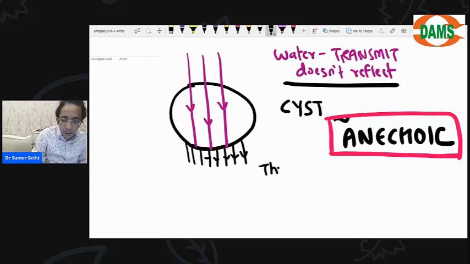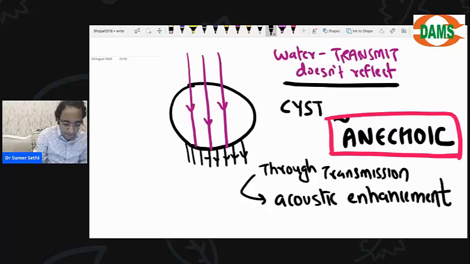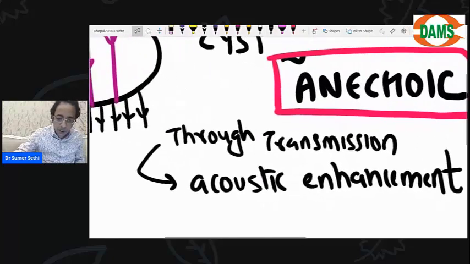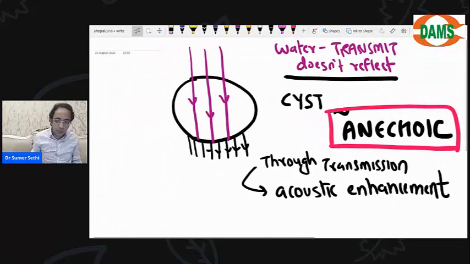So there is increased through transmission of sound distal to the cyst. This is called acoustic enhancement.